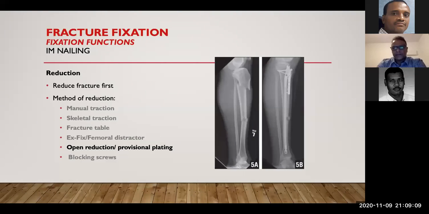Some fractures are very notorious and very difficult, especially proximal tibial fractures and proximal femur fractures, and sometimes you need to open them up and use plating. You can leave this plate or take it out after you put in your nail, and this plate is used just as a tool of reduction, and most of the time it is a unicortical plate.